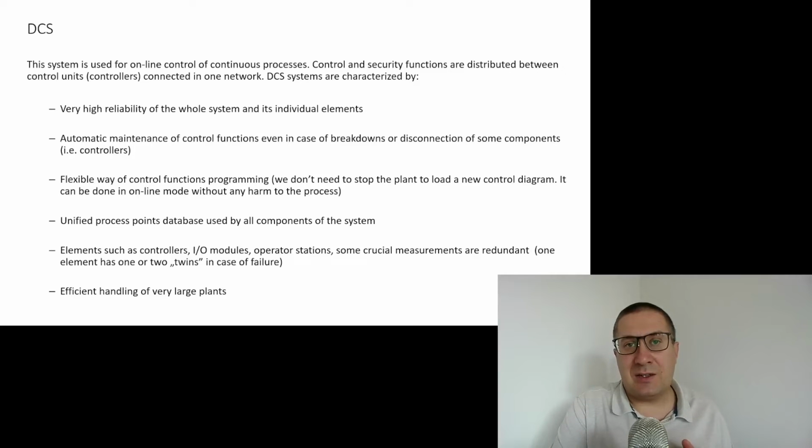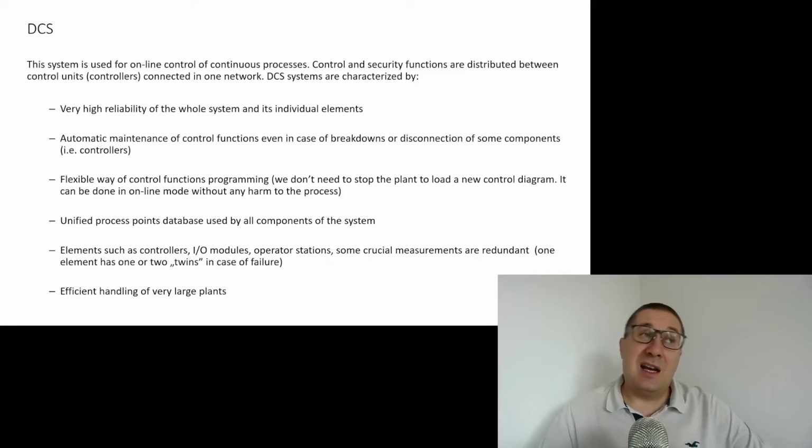It can be done in online mode without any harm to the process. However, some plants have a strategy not to change the control algorithms while the factory or even the plant is working. So first you have to stop the industrial process, and then you can modify algorithms for safety reasons.